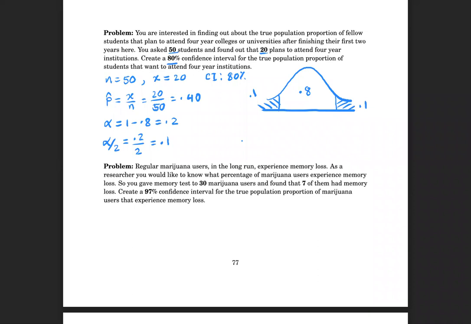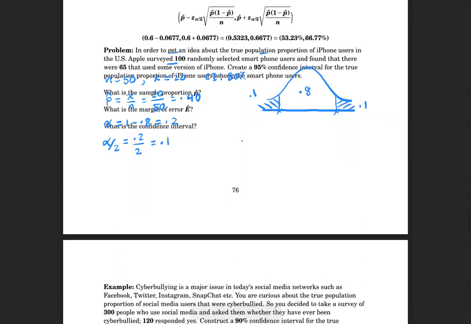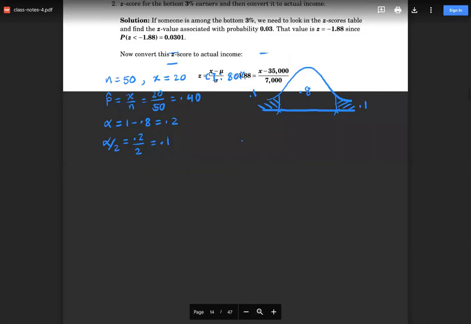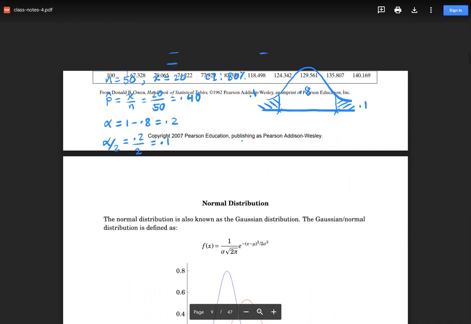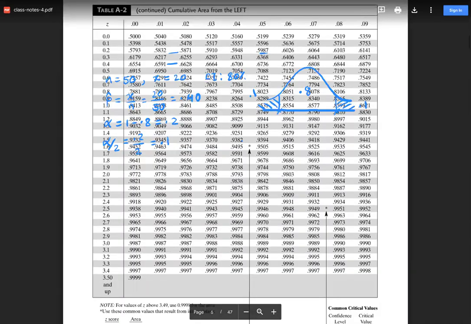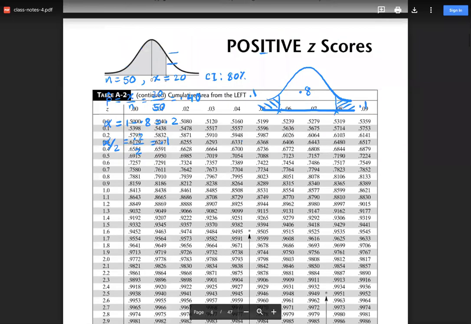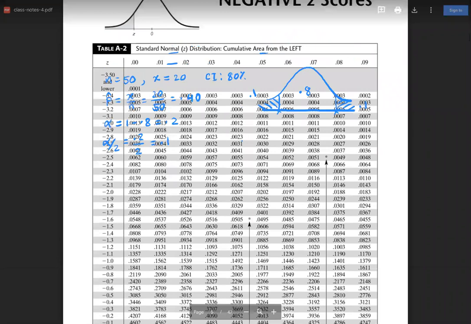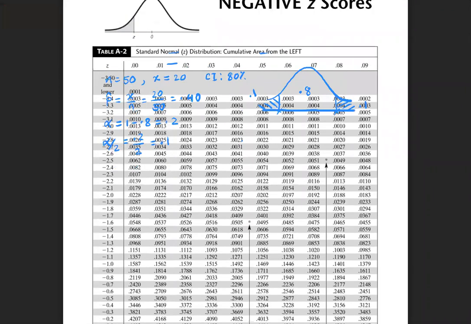Now we need to go back into the standard normal distribution table and find the z-score. So we need to find the z-score associated with this and this. So what we are going to do, we are going to go back to the table, which is right here. So for 0.1, you look inside the table and try to find the value that is closest to 0.1.